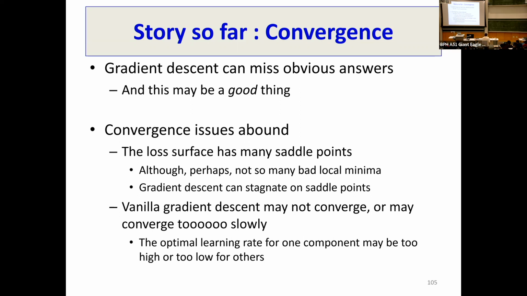This is because the optimal learning rate for one component is not necessarily the optimal learning rate for the other components. I've given you all the hints necessary. What is the solution? Different learning rates for different components. That would be the obvious solution, right? But then what problems do you expect when you want to just do this? Have different learning rates for different components.